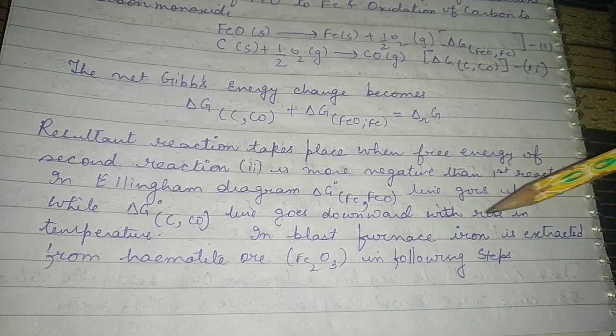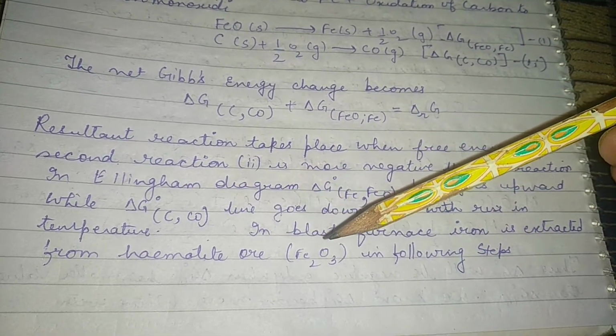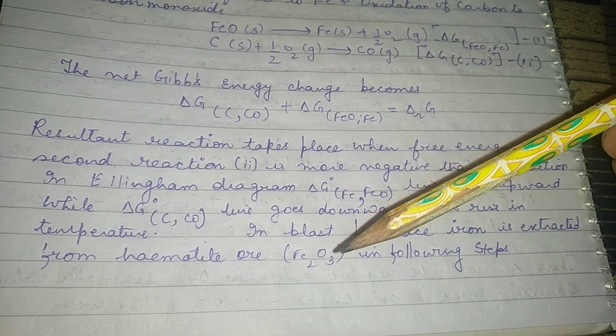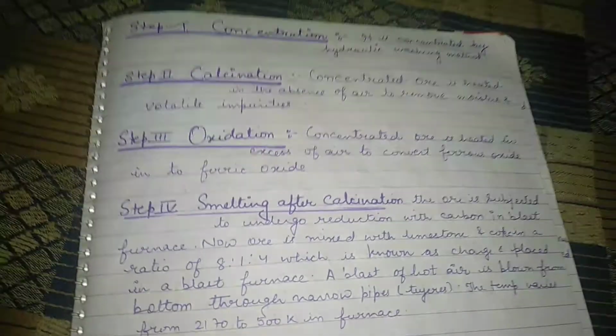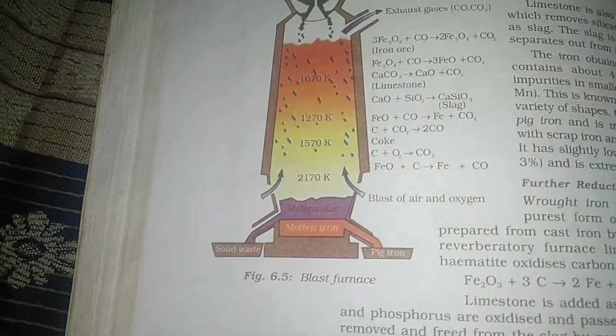In the blast furnace, iron is extracted from hematite ore, whose formula is Fe2O3, in the following steps. So this is the entire process of isolation of iron metal. Let me show you the diagram given in your NCERT book. This is the blast furnace. I hope it is very much visible.